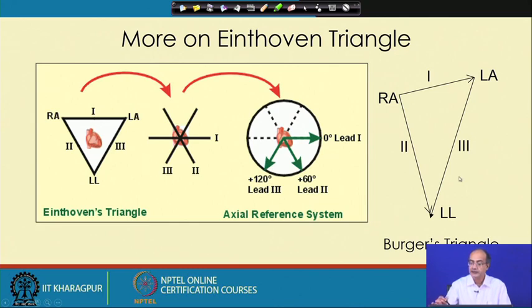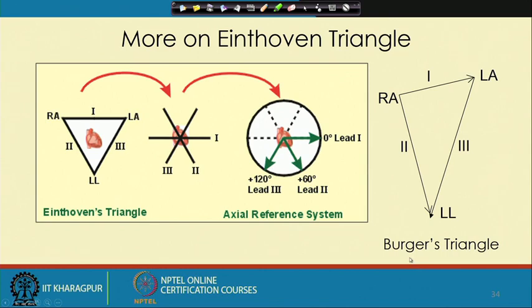Now, this is known as Burger's triangle. It is named after the inventor who corrected this error. So, now instead of the Einthoven triangle, we refer to Burger's triangle.